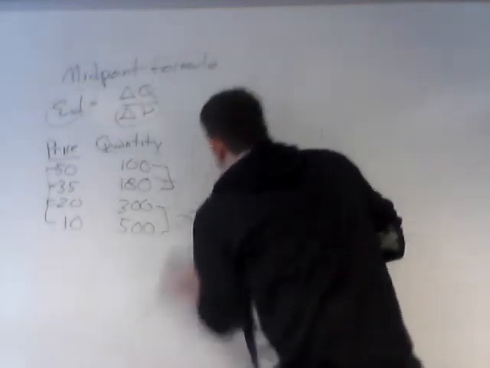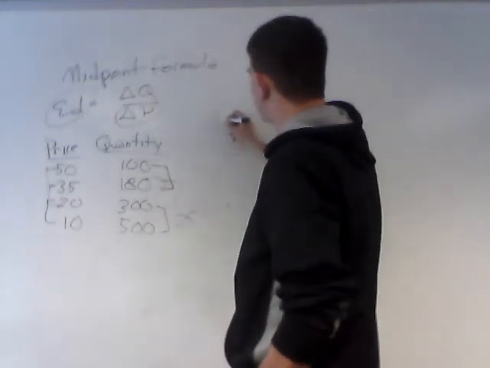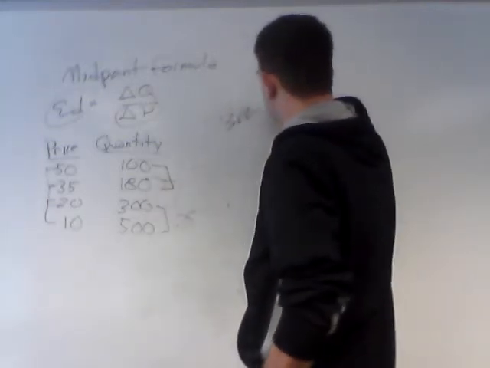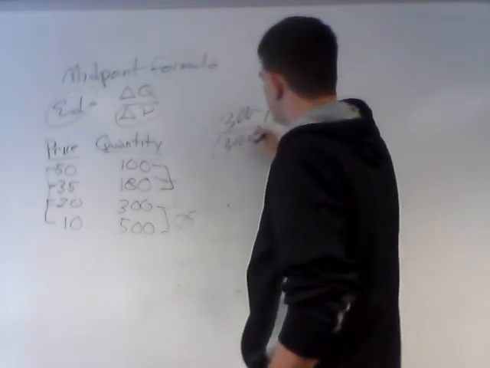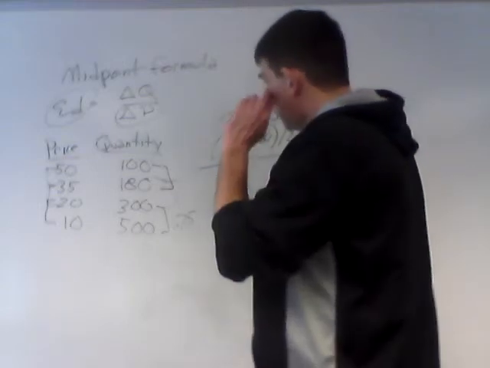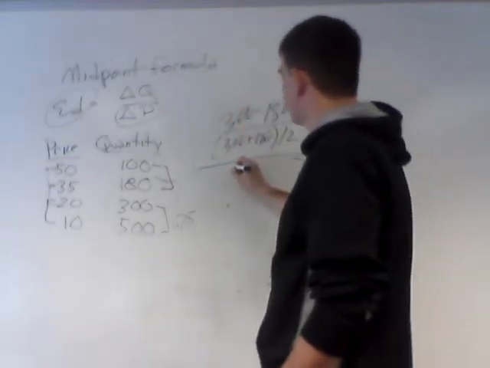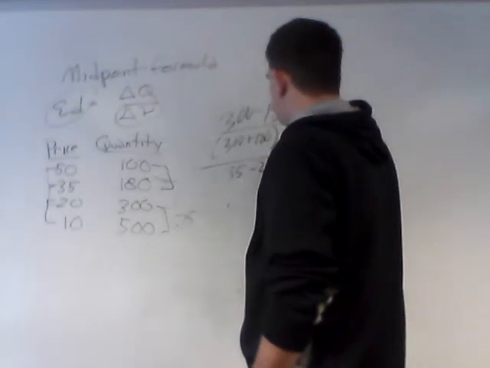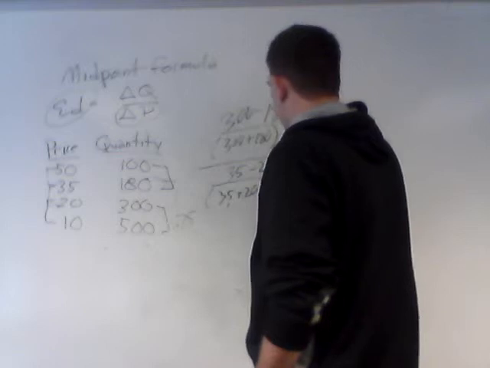We have change in quantity, which is going to be 300 minus 180, right? 300 minus 180 over 300 plus 180 divided by 2, right? Over the change in price, which is 35 minus 20 all over 35 plus 20 divided by 2.